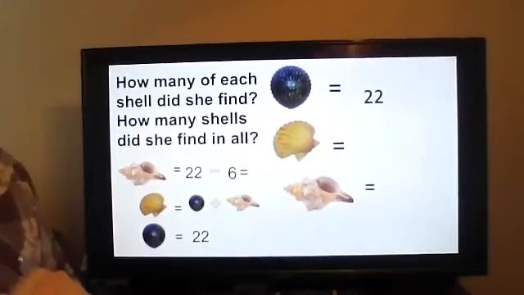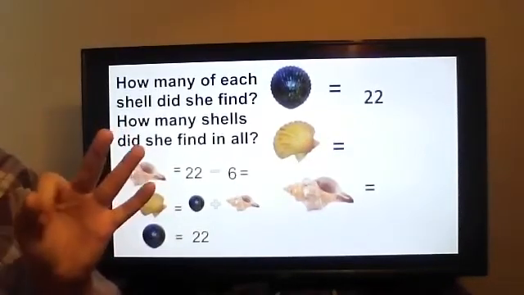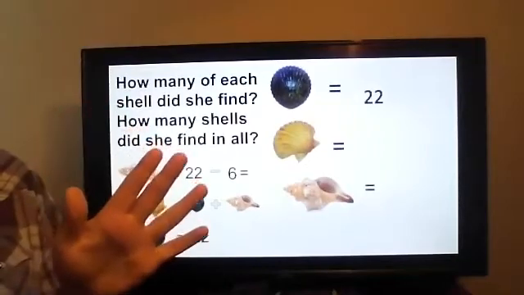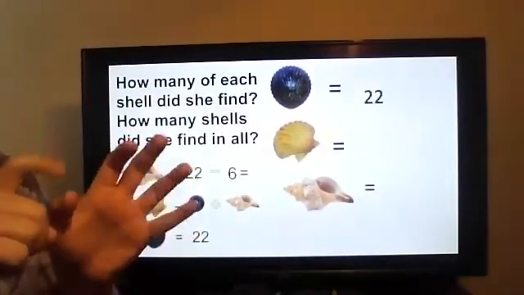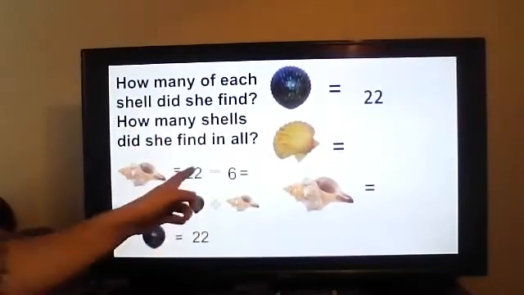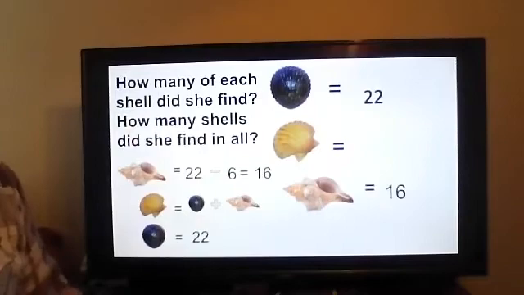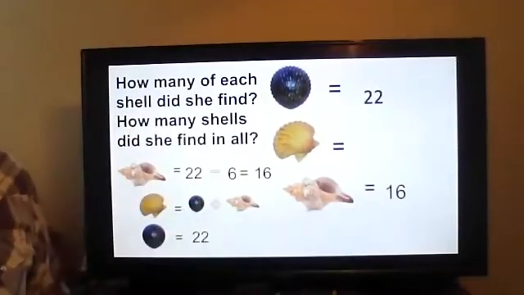So I'm going to count down from 22. 21, 20, 19, 18, 17, 16. So 6, which means our answer of 22 minus 6 gives us 16. So that means that Kim found 16 conch shells.